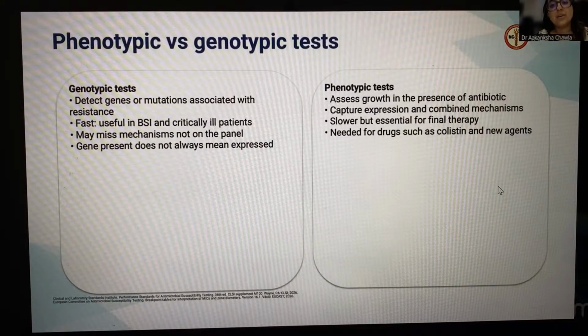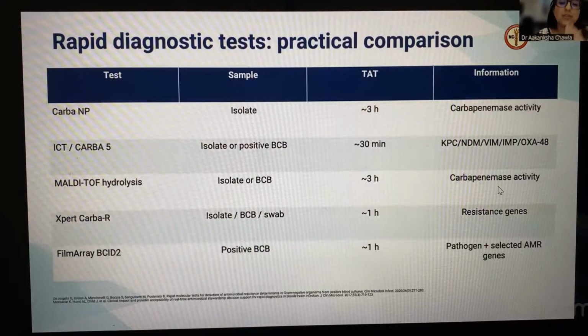Phenotypic tests assess the growth in the presence of antibiotic, and they are slower but essential for final therapy. So these are the various rapid tests that are there, like the CARBA-NP and the MALDI-TOF hydrolysis. Then we also have the CARBA-5, Xpert CARBA-R, and the FilmArray of the BioFire.